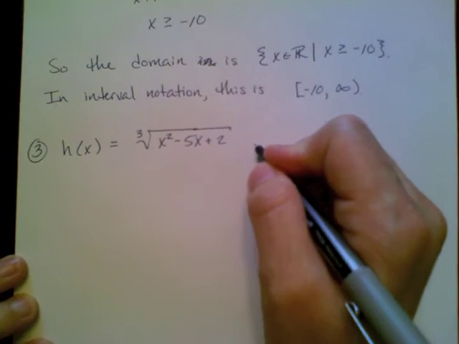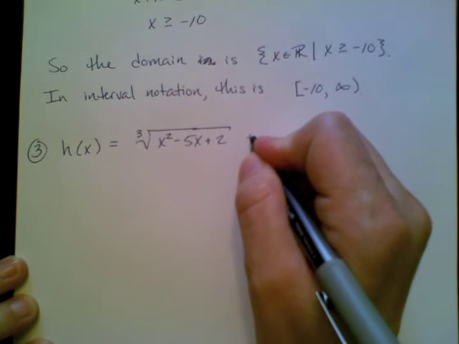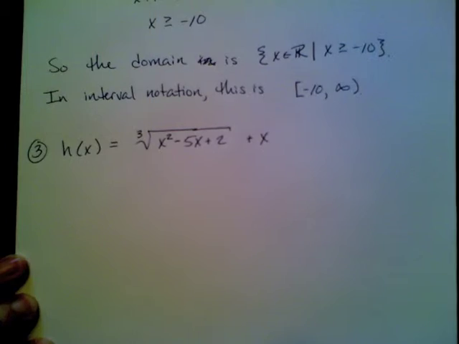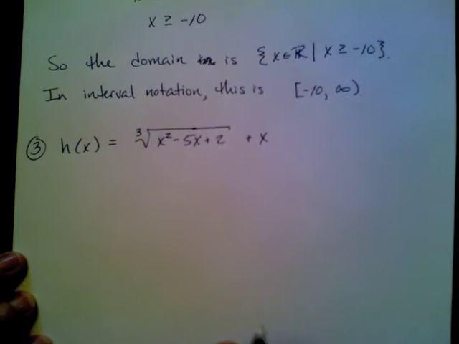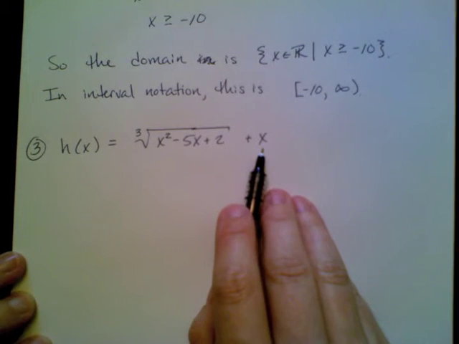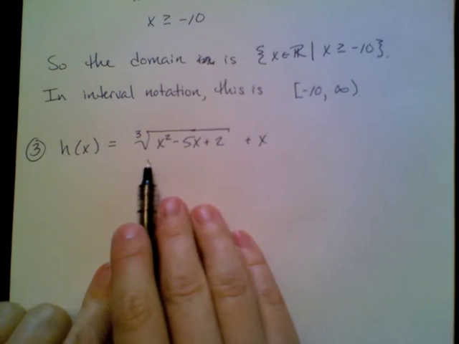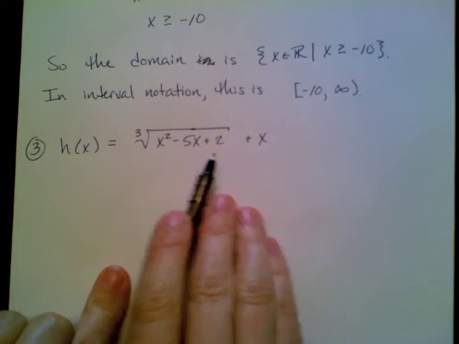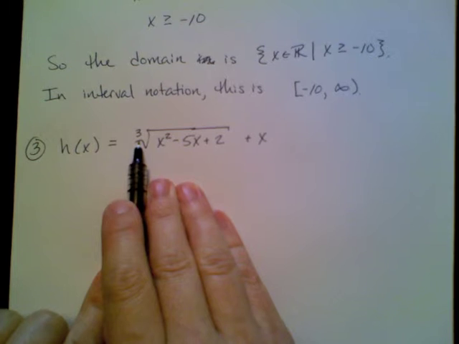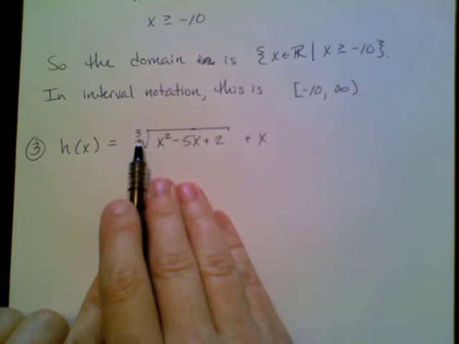And let's actually get crazy, and we'll even say plus x on the outside. So that plus x actually doesn't affect anything. It doesn't add any restrictions. I do have a radical here, but look at this. I've got an odd root, and the only problems occur with even roots.